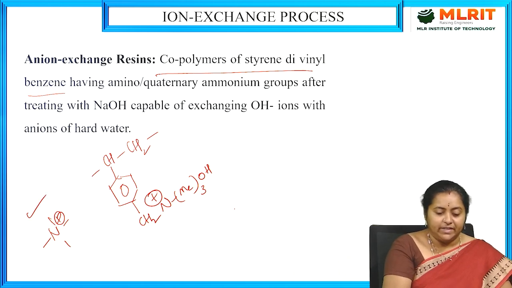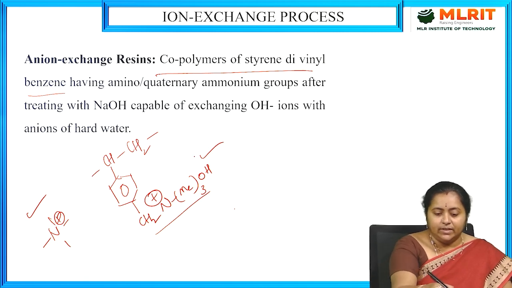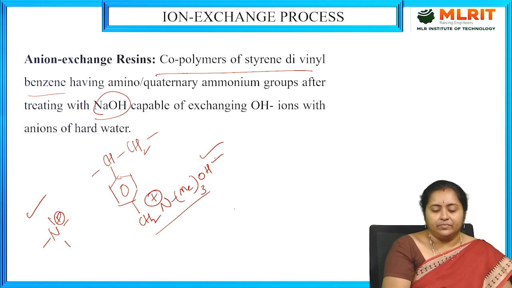So if this quaternary ammonium salt is taken, then on treatment with NaOH, it will acquire an OH minus ion there. It will contain OH minus ion due to treatment with NaOH. So if this is taken in the place of the anion exchanger, then it is able to exchange its OH minus ions with the anions that were present in the hot water.